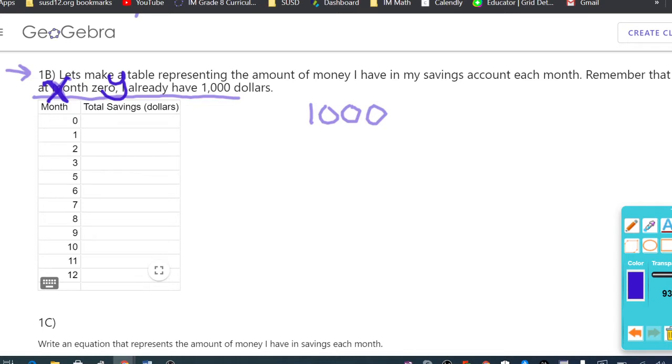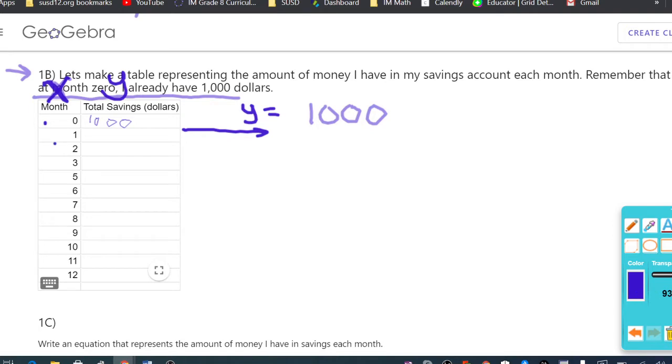Remember that when X equals 0, I already had $1,000 in my account. So at the beginning, before I even got one YouTube check, I already had $1,000. So when the month equals 0, my savings was $1,000.